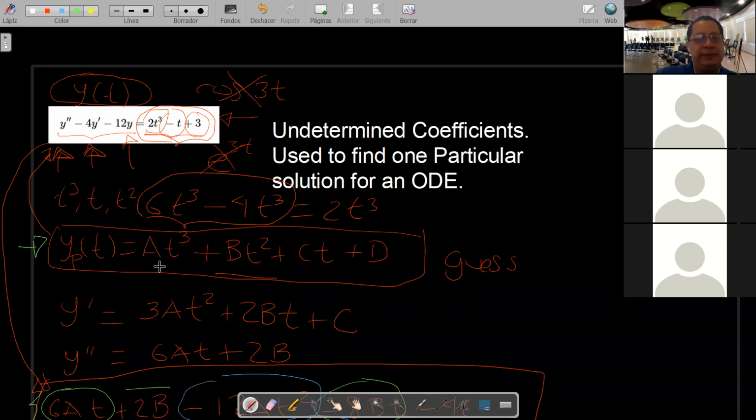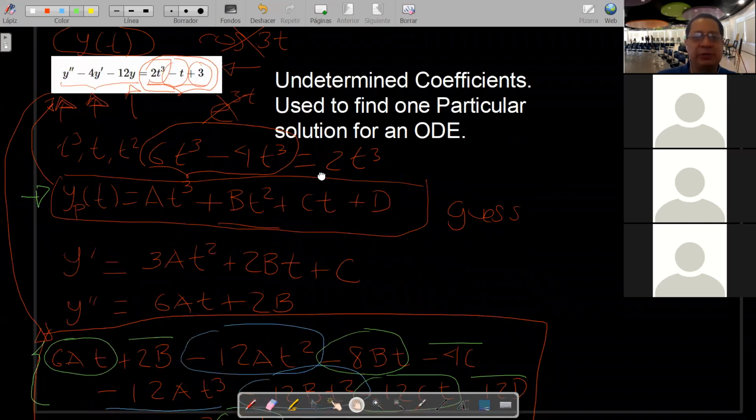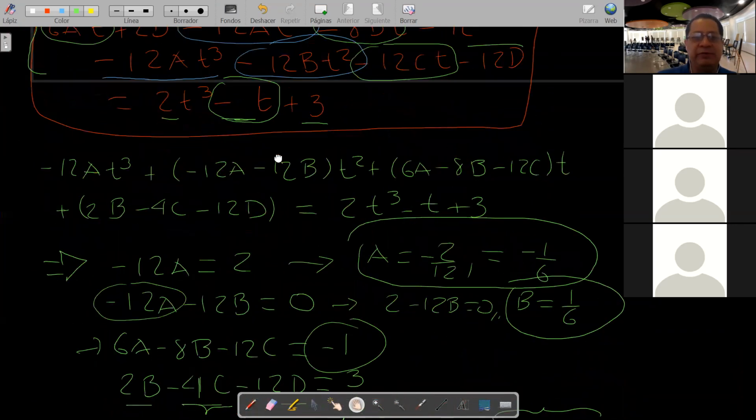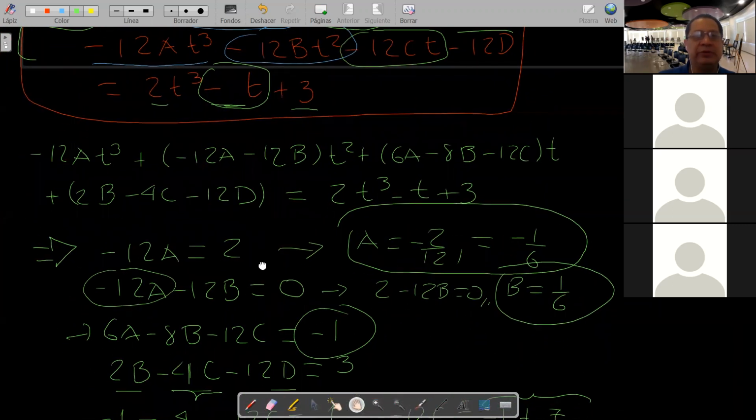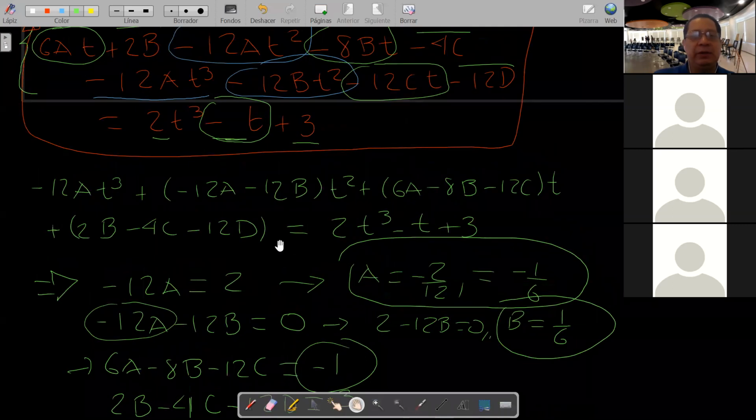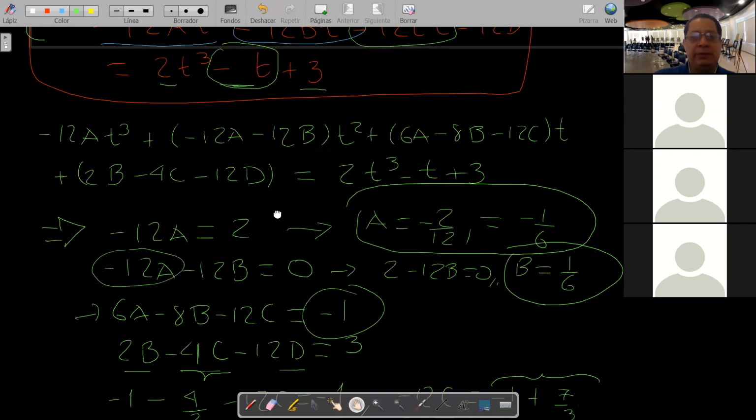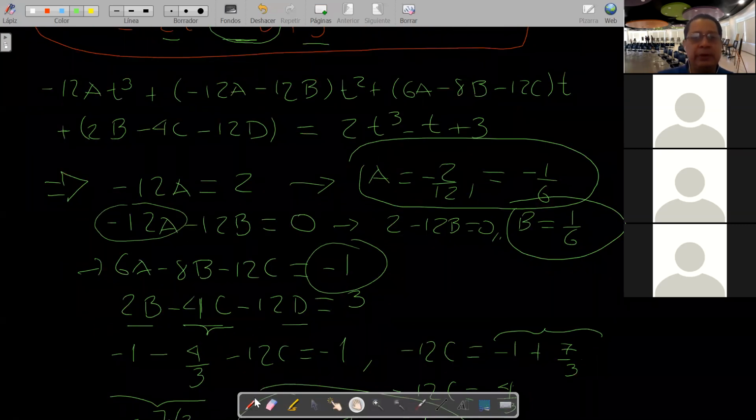Then we found the first and second derivative, and we replaced those expressions in our original equation. And from there, we established a system of equations in order to find the values for our coefficients.